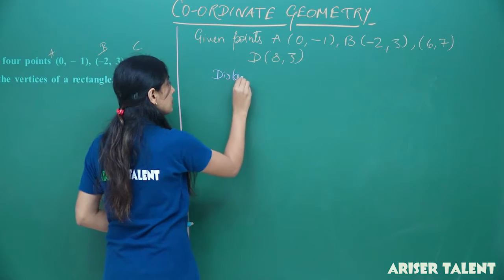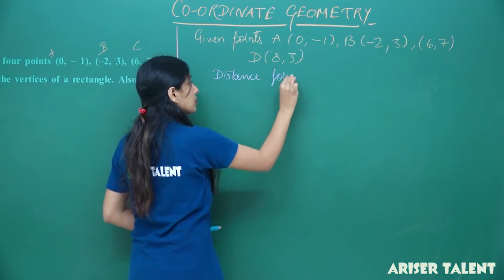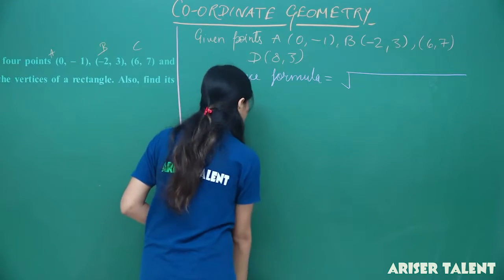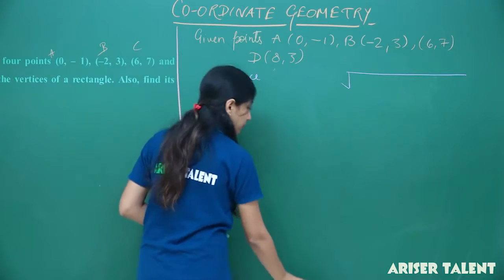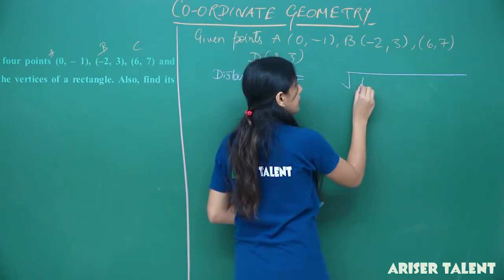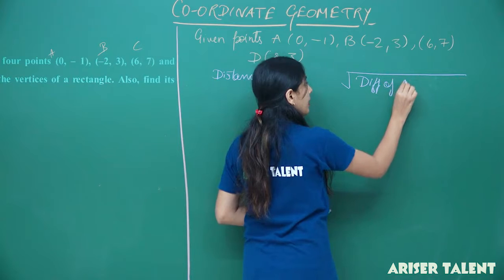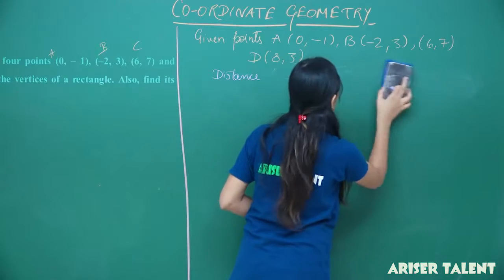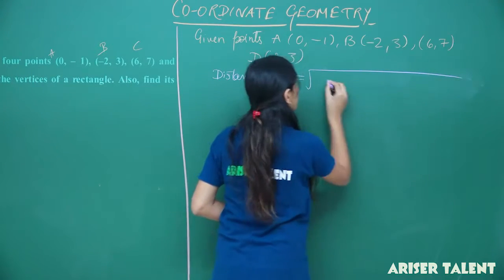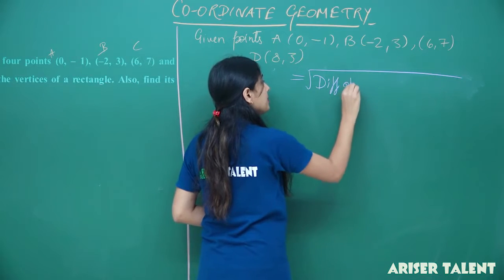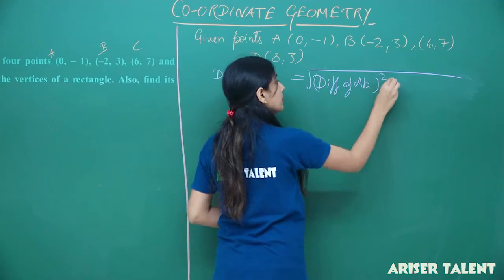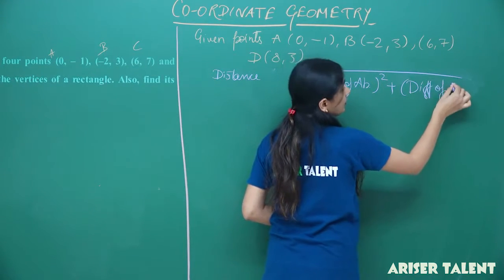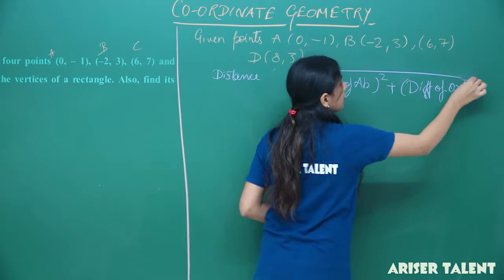Distance is equal to the square root of the difference of abscissa squared plus the difference of ordinate squared.